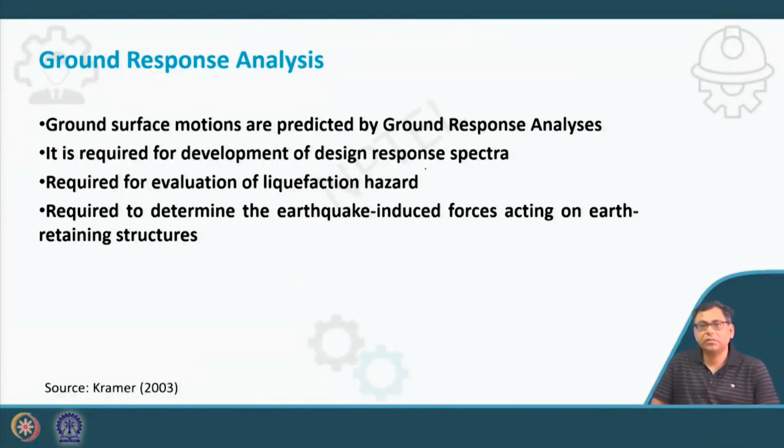Why is the ground surface motion required? Because of the liquefaction hazard, the liquefaction that will occur in that soil layer.